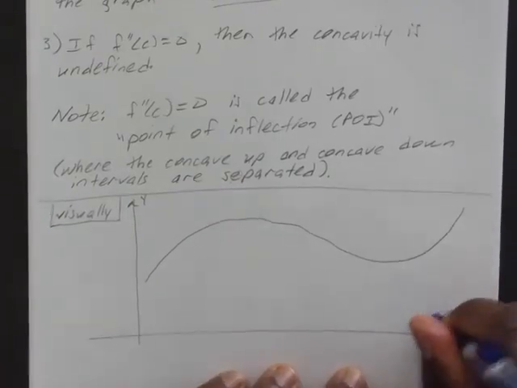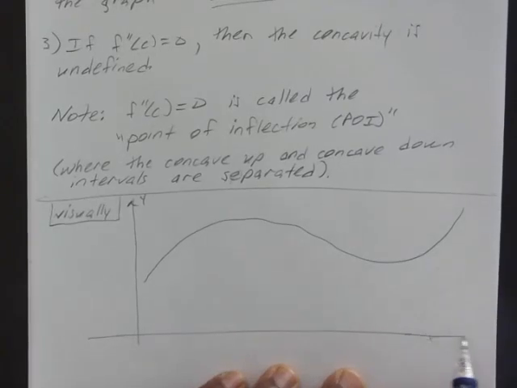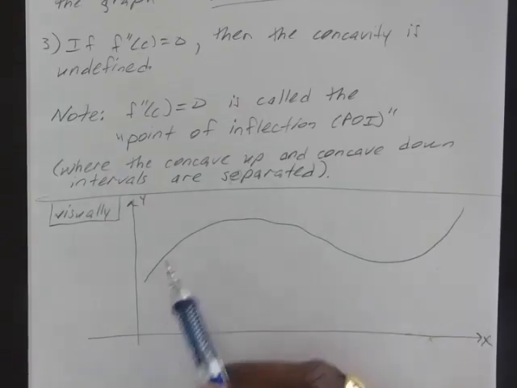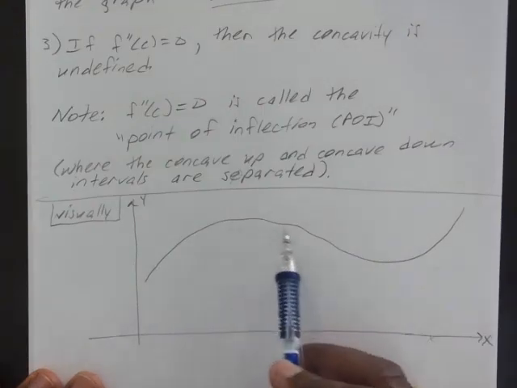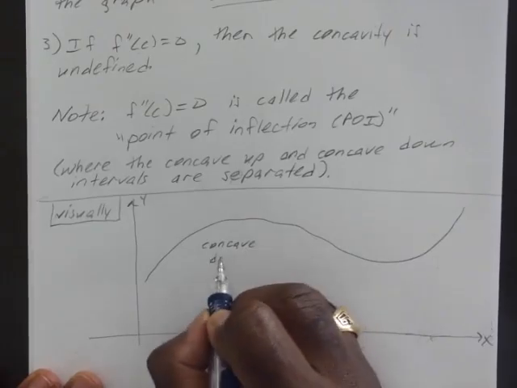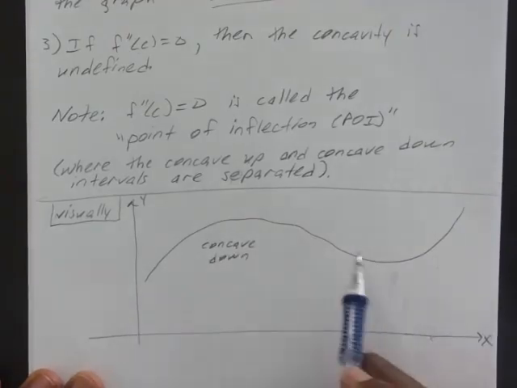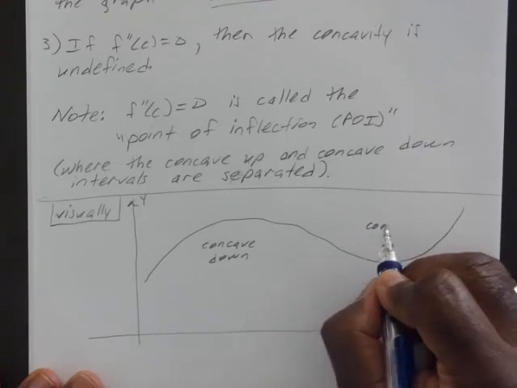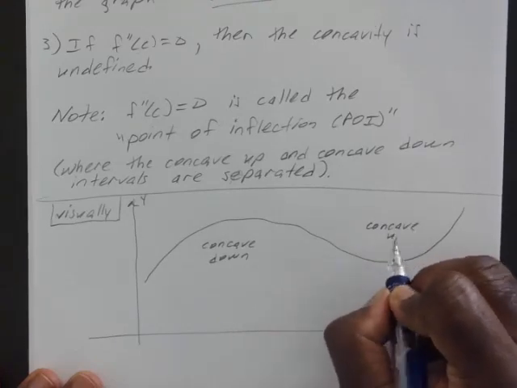Make that a little longer. Okay. So we can see that this interval here is concave down, and this interval here is concave up.